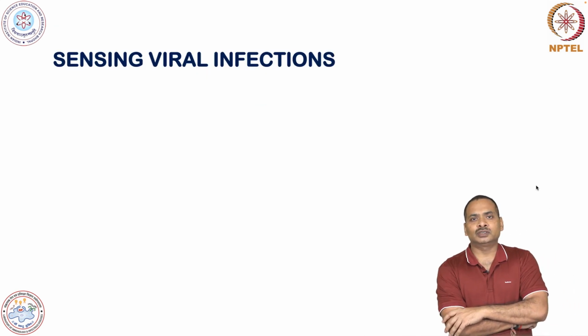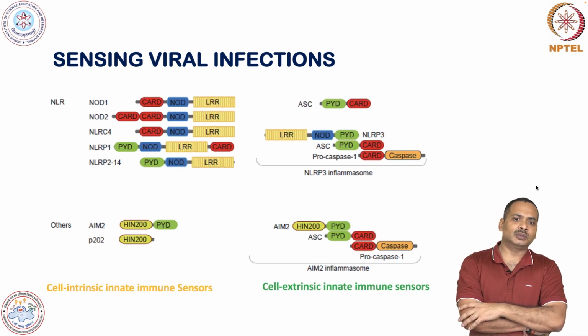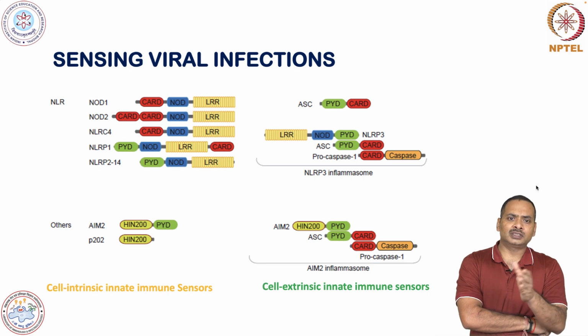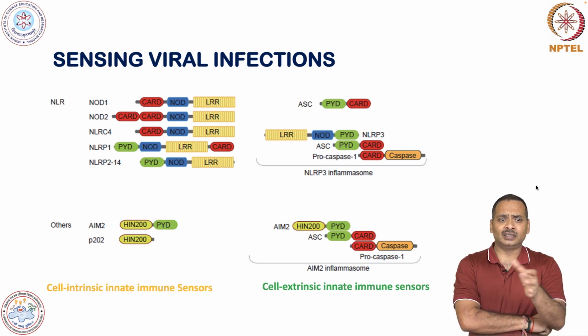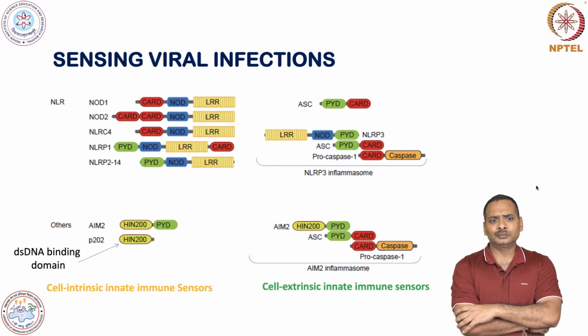So, we have discussed sensing of viral infection, now we will discuss the NLRs and others, that is AIM2 and P202.